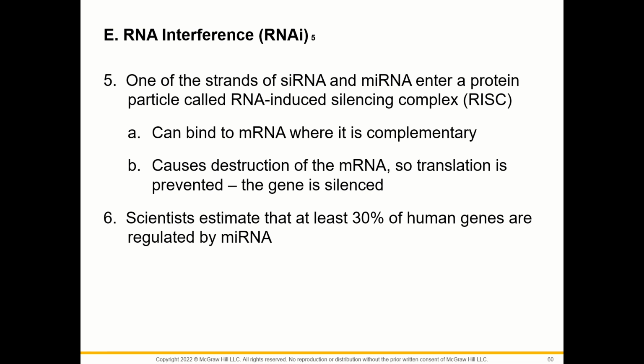So it looks like short interfering RNA is going to be important in, as we saw, fighting viruses. We saw that microRNA is going to silence gene expression by destroying the messenger RNA. And then we have learned that circular RNA is going to inhibit microRNA so that gene expression continues to occur.